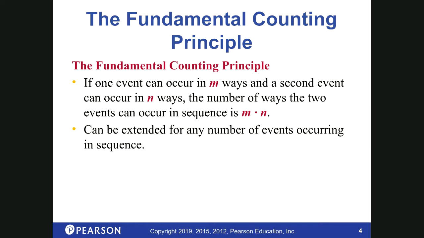The fundamental counting principle is a way of determining how many ways things can occur if you do more than one thing, more than one event. It says if one event occurs in m ways and the second event can occur in n ways, then the number of ways they can both occur in sequence is m times n. I'm going to show you what that means here.